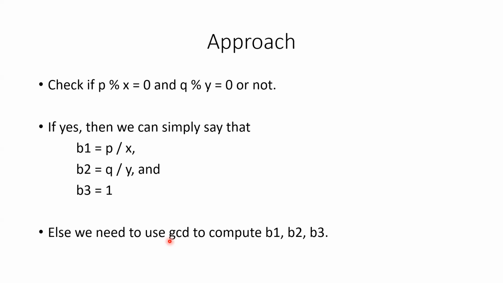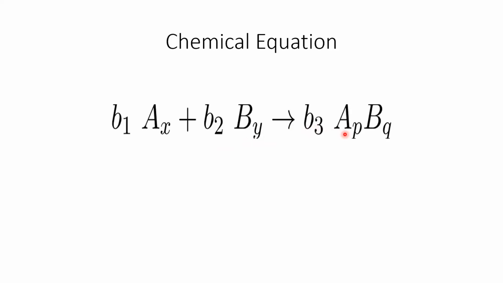So what is the approach to be followed? First approach is we need to read X, Y, P, Q values from the user. After that, we need to check if P mod X, meaning if the number P is completely divisible by X or not. P is the subscript of A on the product side, and X is the subscript of A on the reactant side.